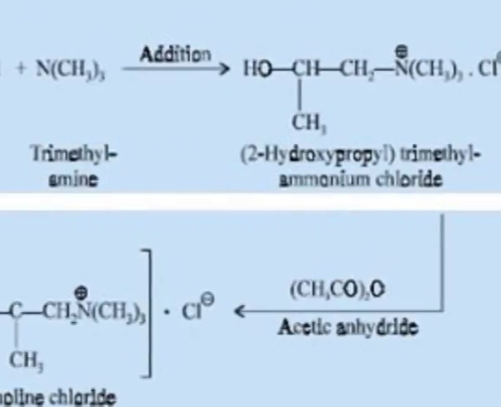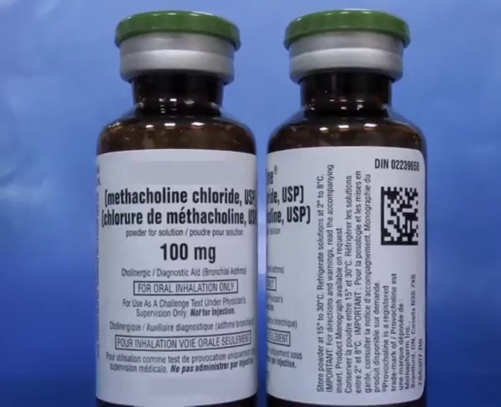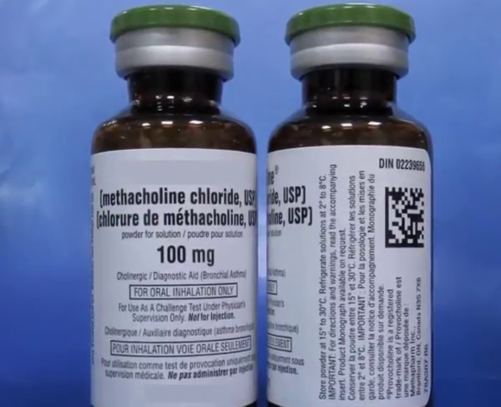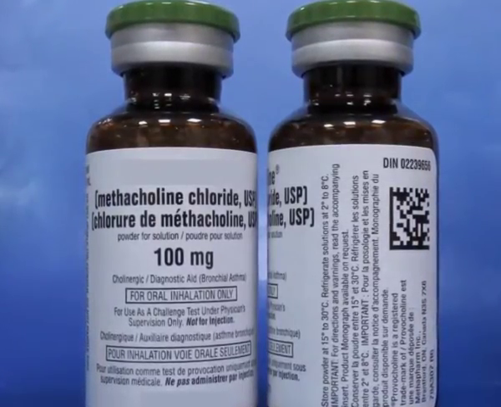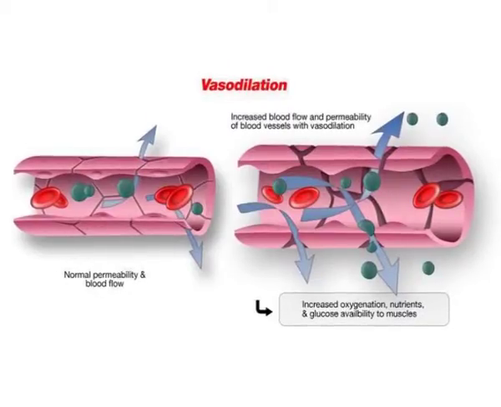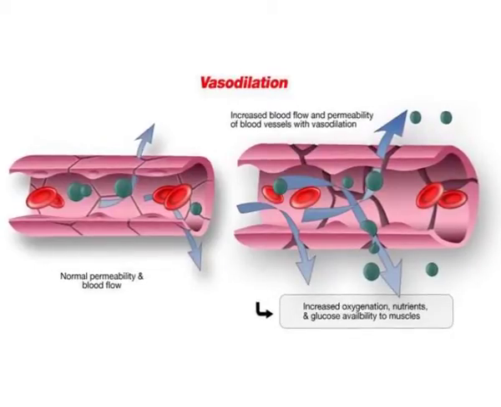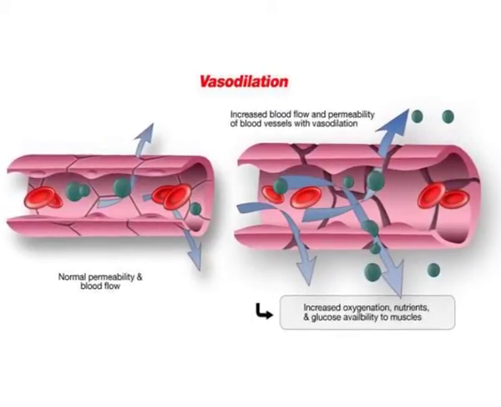Methacholine chloride may be administered orally, but it is poorly and irregularly absorbed. The unpredictability of absorption and intensity of response has prohibited its use as a vasodilator or cardiac vagomimetic agent.